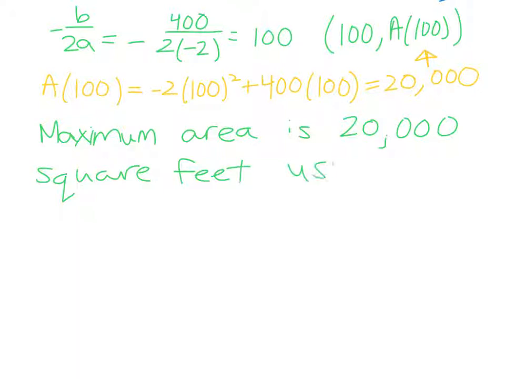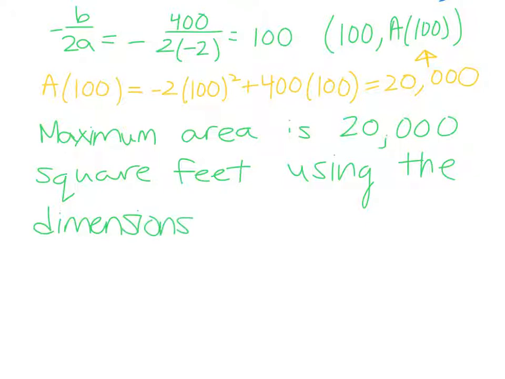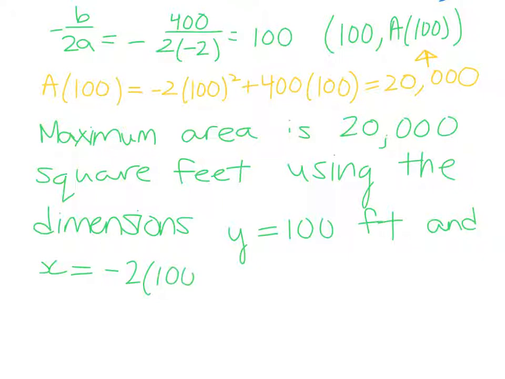And then let's talk about the dimensions, because we're also asked to talk about the dimensions. So using the dimensions, let's see, we had y was 100 feet, and x, we had a formula, was negative 2y plus 400, or 200 feet.